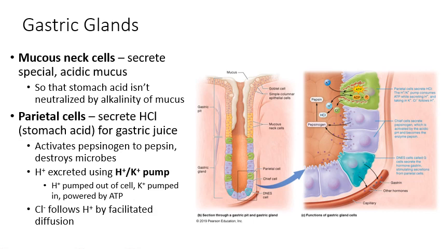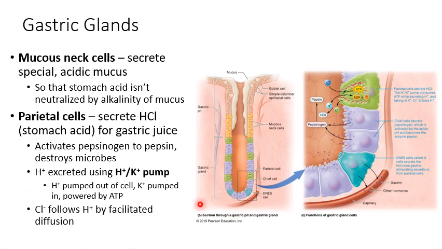So you're pumping both the hydrogen ion and the potassium ion against their concentration gradients to where they're more concentrated, so that requires ATP to operate that pump. And then chloride ions will actually just passively follow the hydrogen ions by facilitated diffusion. So they'll just flow down their concentration gradient out of a channel.